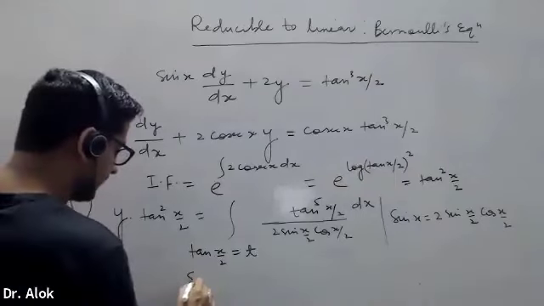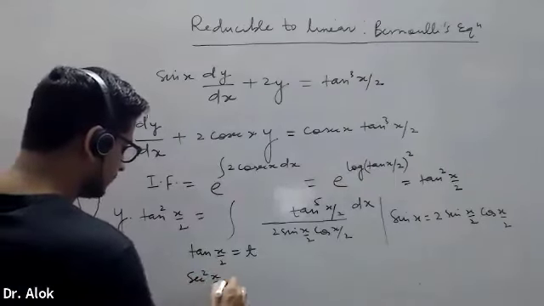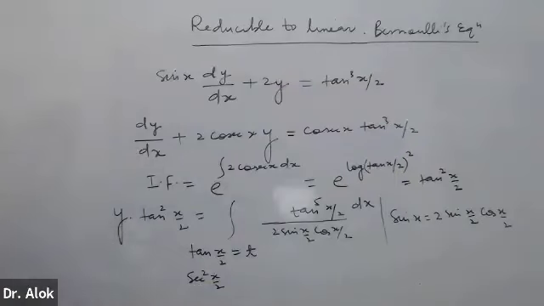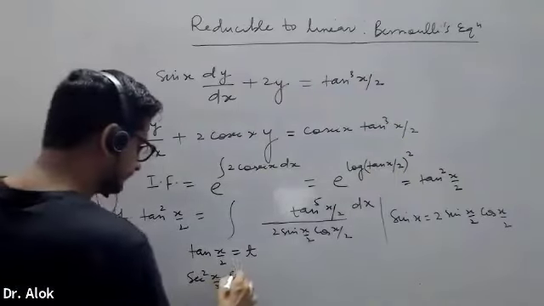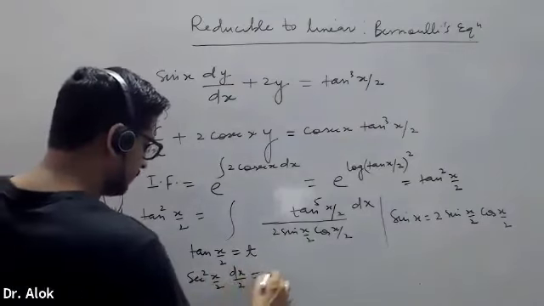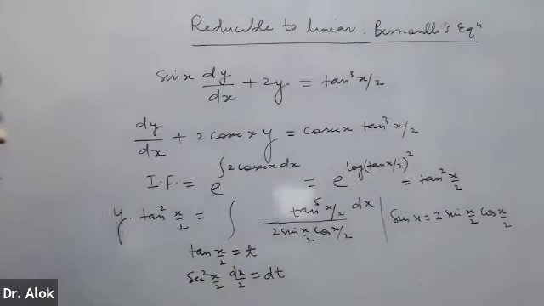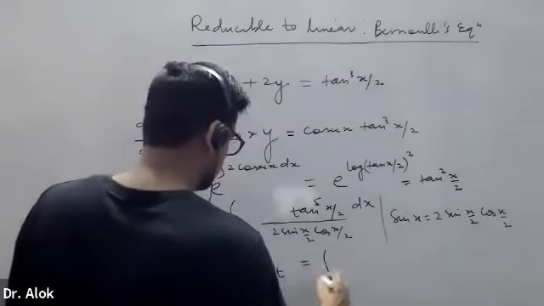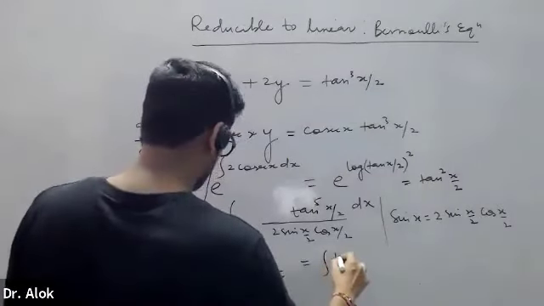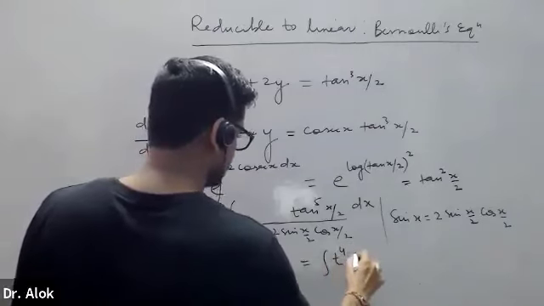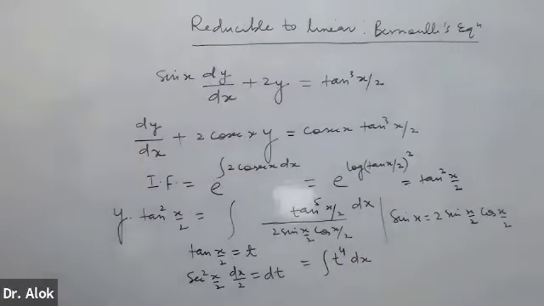It will be sec square x by 2 dx by 2 is equal to dt. See how the right-hand side is transforming. It will become the integral of t to the power 4 dx. Substitute it and check once.